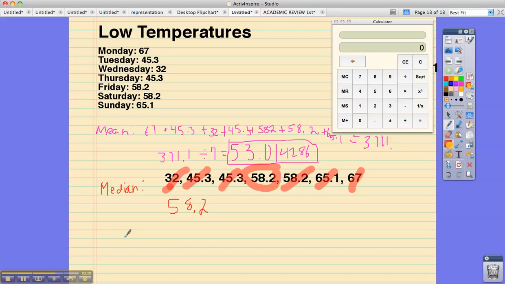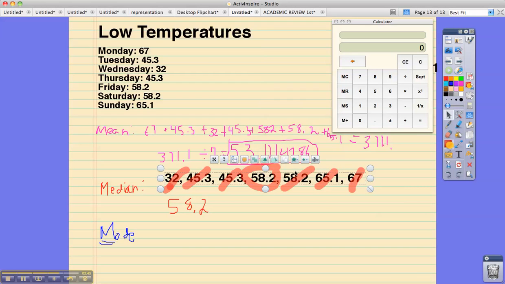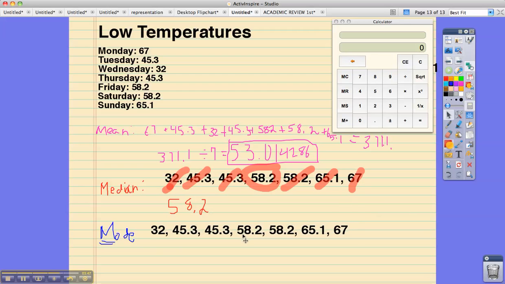Okay, our next measure of central tendency is the mode. And we know the mode, since it starts with mo, means which one shows up the most. So I'm just going to take these values, and we're going to use this to find the mode. So since the mode means which one shows up the most, we're looking for whichever one shows up more than once.